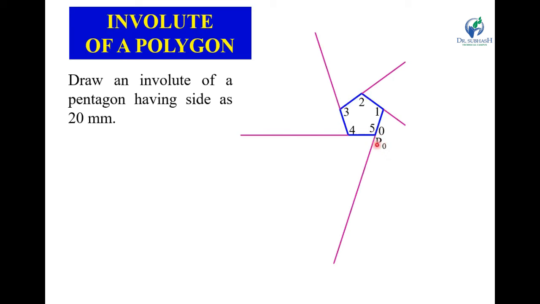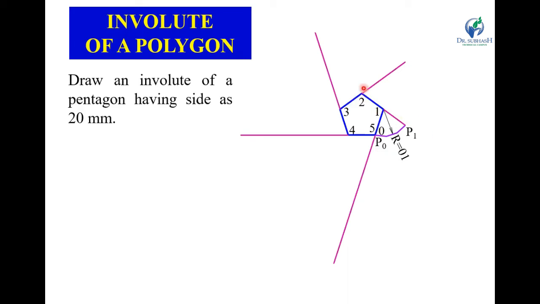Initially point P0 is at 0. Now take 1 as a center and radius equal to 0-1, and draw an arc. You will get the point P1.